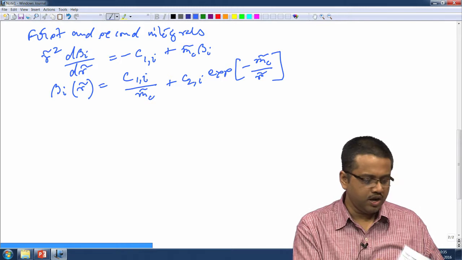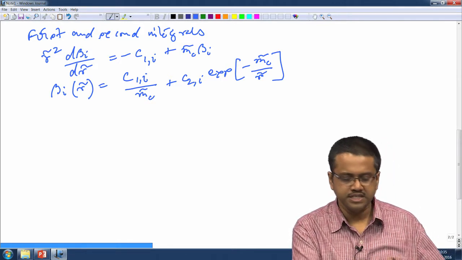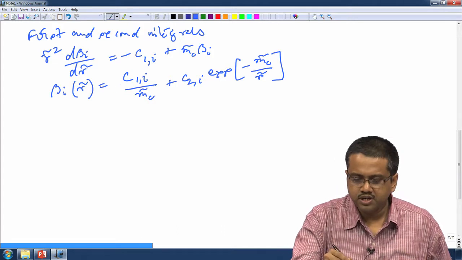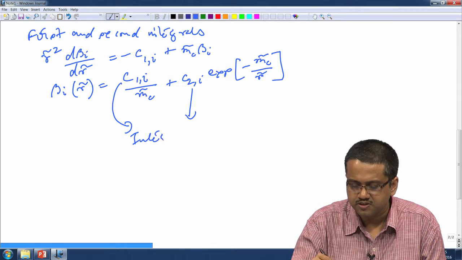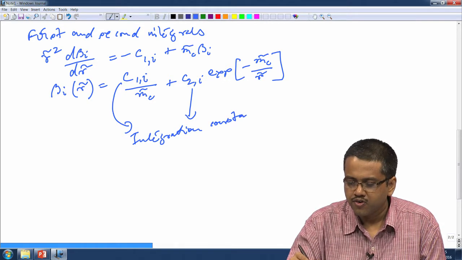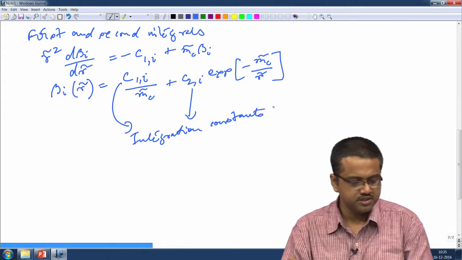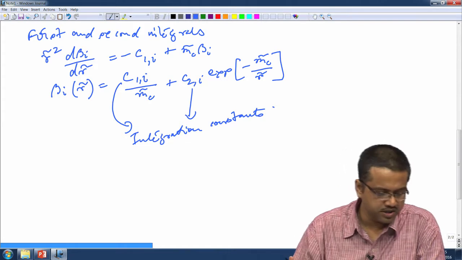The problem remains of how to find these integration constants. There are two integration constants, this and this. The integration constants can be evaluated by applying the boundary conditions.